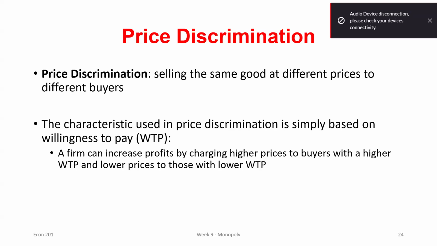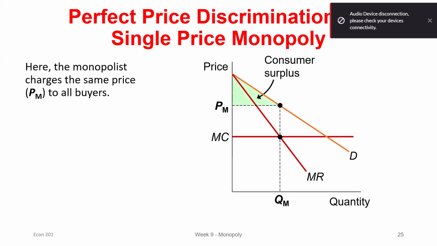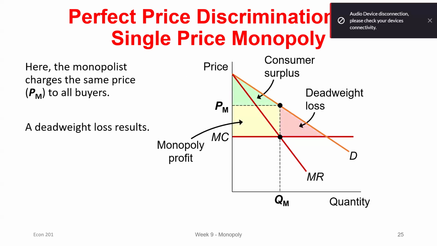So if I can use data to identify differences in consumers, and some consumers, based off of their characteristics, are willing to pay more or less for a good, I could charge them different prices. I'll have some more examples, but for right now, we'll just think about price discrimination's impacts on the market. So if I'm thinking about a scenario where I only have a single price monopolist, I'm setting a single price where marginal revenue is equal to marginal cost.